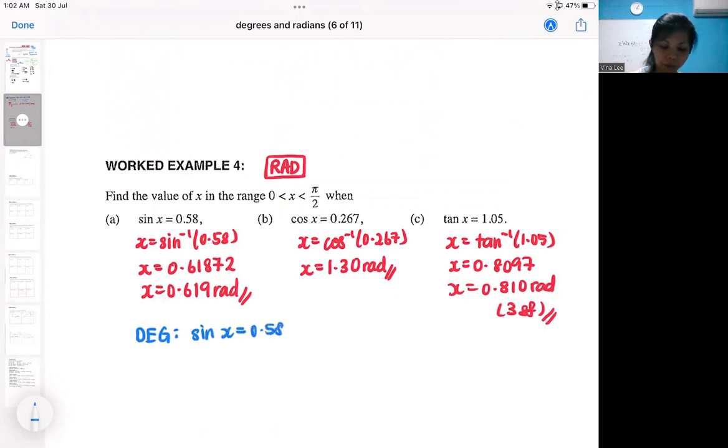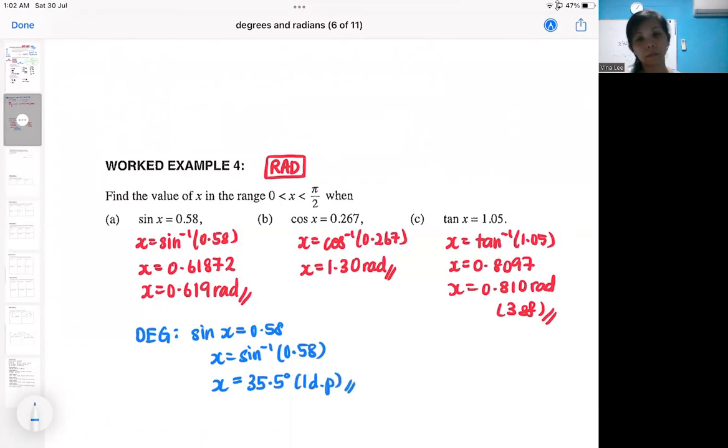Just a sample here: I'm doing the same punching, but right now I changed my mode already. Make sure you know how to change accordingly. So I'll be getting 35.5 degree. You've got to be very mindful of your mode. What is it returning you? Is it returning angles in radian or angles in degree?